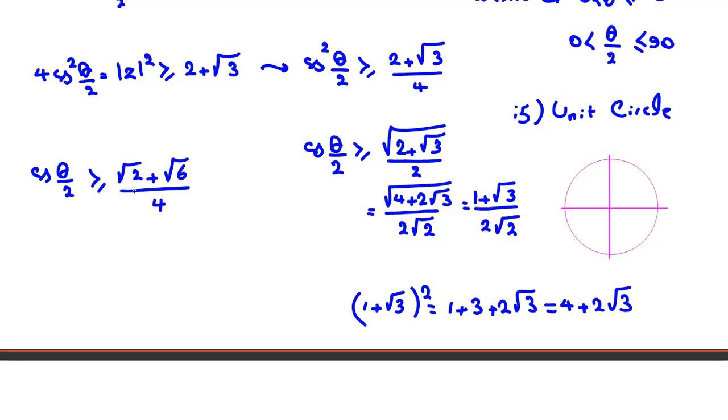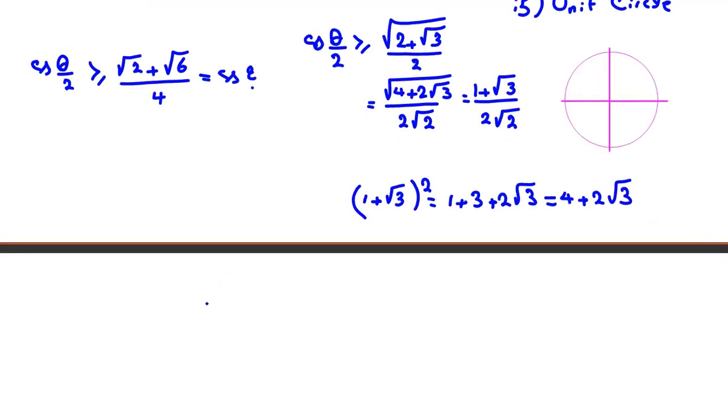Now, because cos theta over 2 is greater than or equal to this, we should find cos of which angle. You can use a calculator, it is allowed, but suppose for example it is an Olympiad math exam, you cannot use a calculator. Let me show you how you can calculate this. Idea 6: cos of alpha plus beta equals cos alpha cos beta minus sine alpha sine beta, okay?